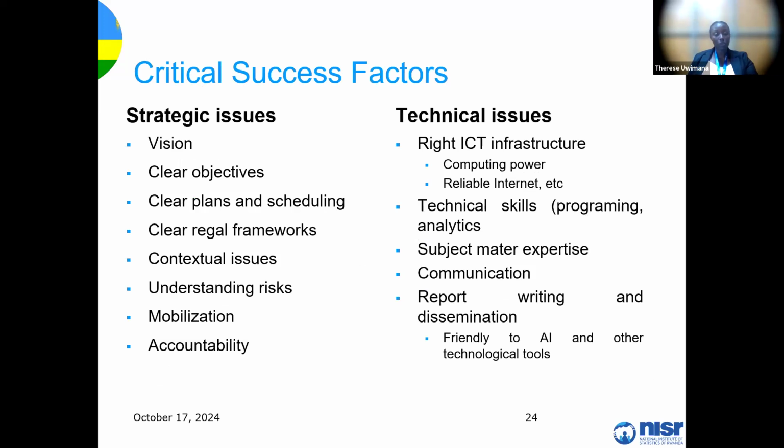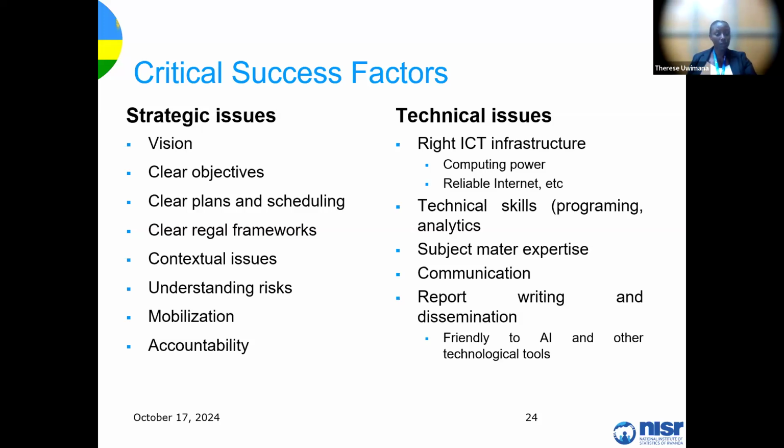So I would like to share some critical factors. First of all, on the strategic level, there is vision. We need to have a clear vision. I want to emphasize what Professor Anin said in his opening remarks. We need to have clear objectives. Why do we do what we are doing? Why do you need data science, and for what?